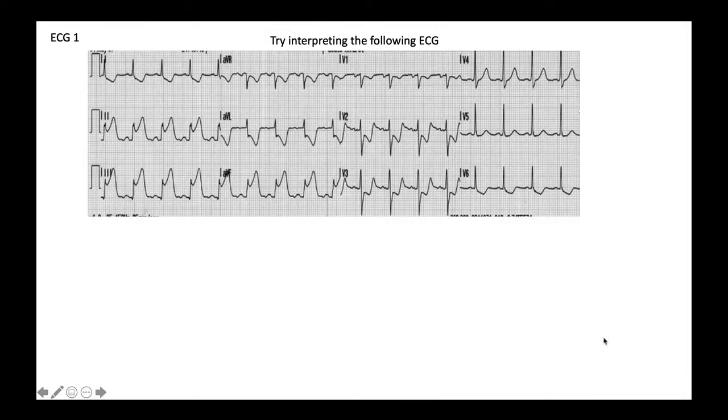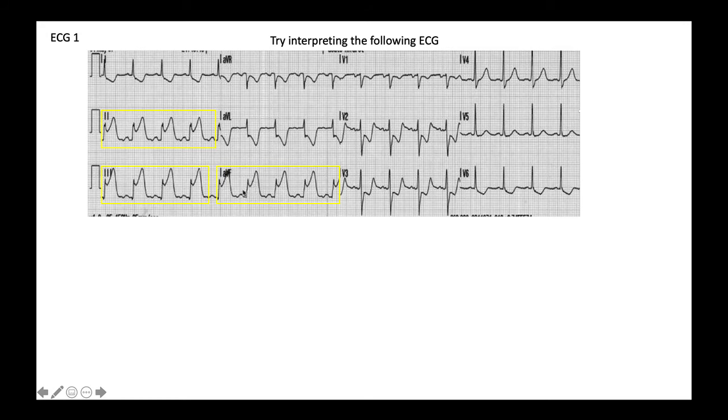Now take a few minutes, pause and try this ECG out and try to detect which wall is involved and what phase this myocardial infarction is in. So if you see this ECG, we have clear-cut ST elevation in three leads, and they are your inferior leads 2, 3 and AVF.